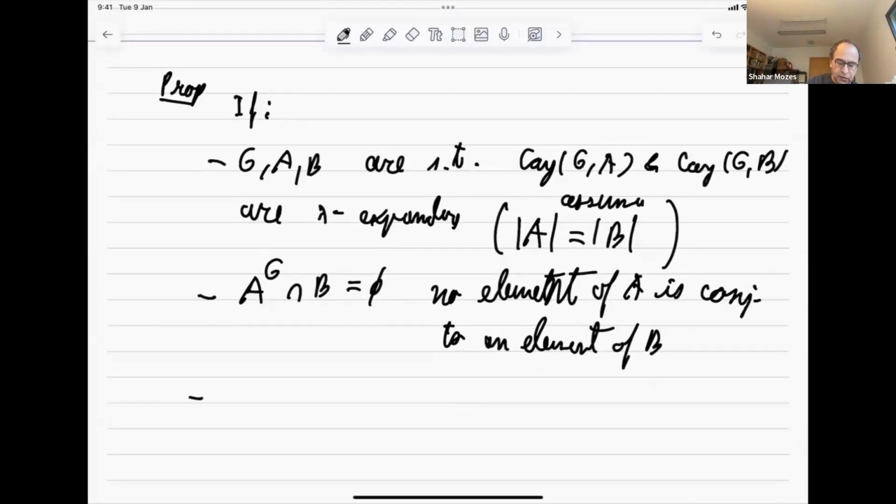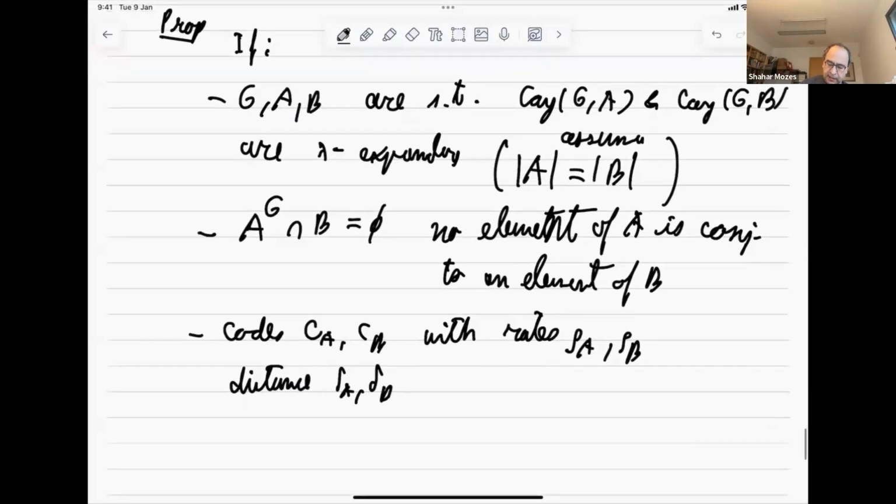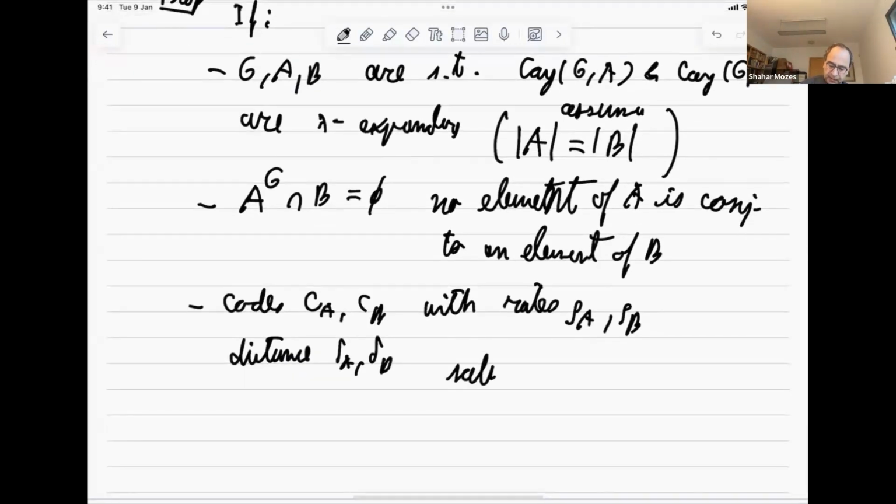So you need, if you have codes CA and CB, and actually since we are going to have A and B on the same side, you can choose the same code, but this is not really important. If rates rho A and rho B, and distances delta A and delta B, and with some conditions satisfying, more conditions, which I'll tell later.